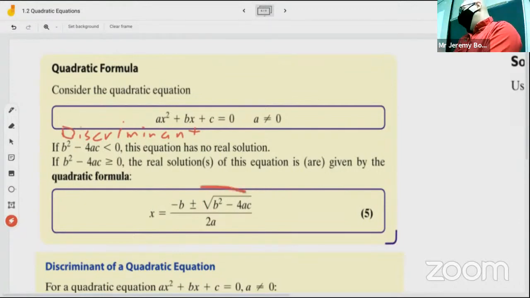All right, the quadratic formula. So the quadratic formula is negative b plus or minus the square root of b squared minus 4ac all over 2a. That is our quadratic formula. It's going to give us both those solutions.